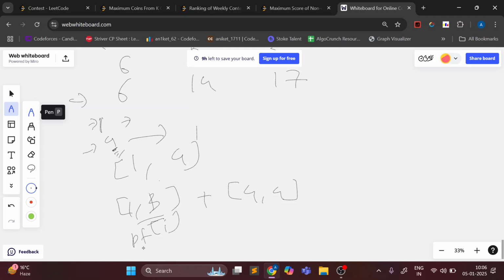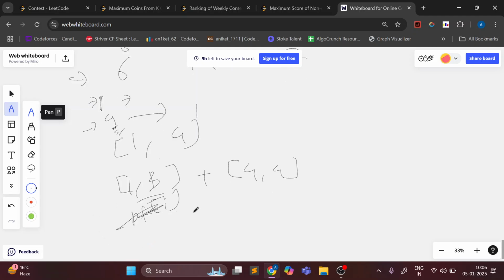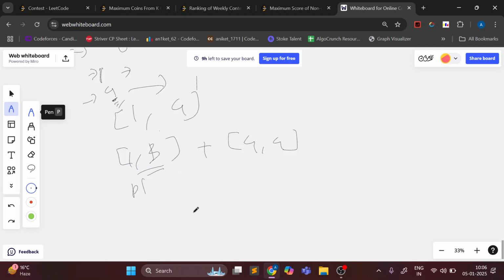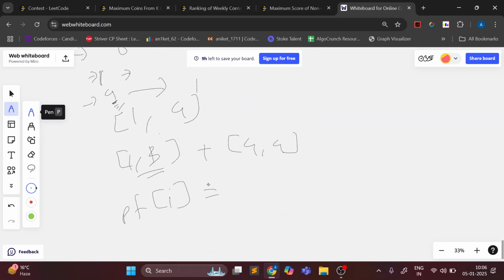Not exactly its prefix. What we will do is take the prefix of the first, which is this prefix, so 14. So this is the contribution of 1 comma 3 plus 5 comma 6. The whole contribution is 5 comma 6. Now what we want is 1 comma 3 plus 4 comma 4.